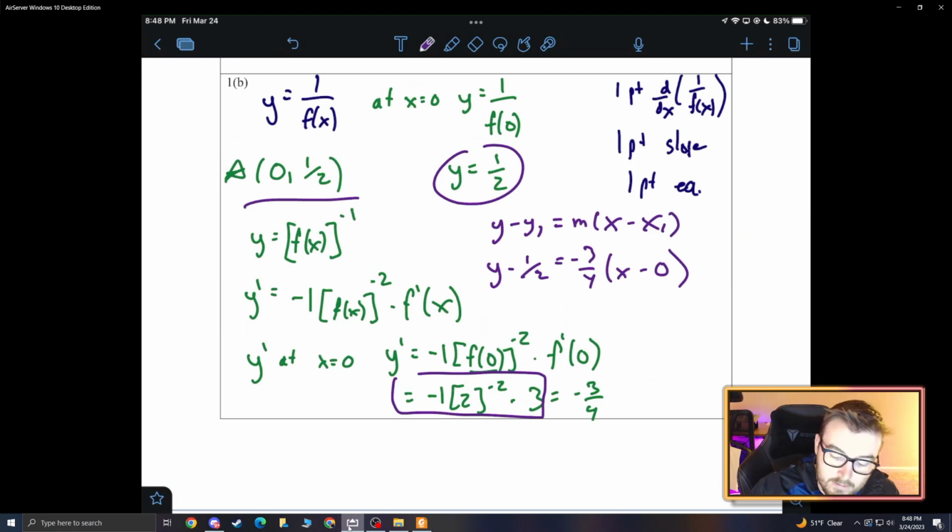I could do that because that's the right answer. But again, you don't have to simplify things, right? So technically, you could write negative 1 times 2 to the negative 2 times 3 times x minus 0, and you're still right. You know what I mean?